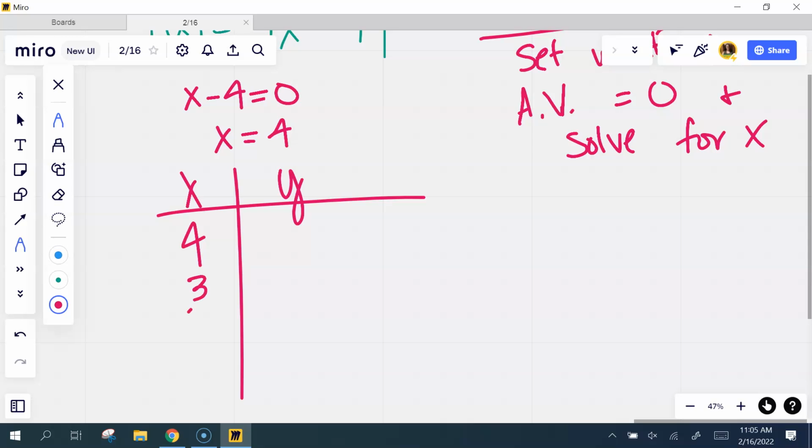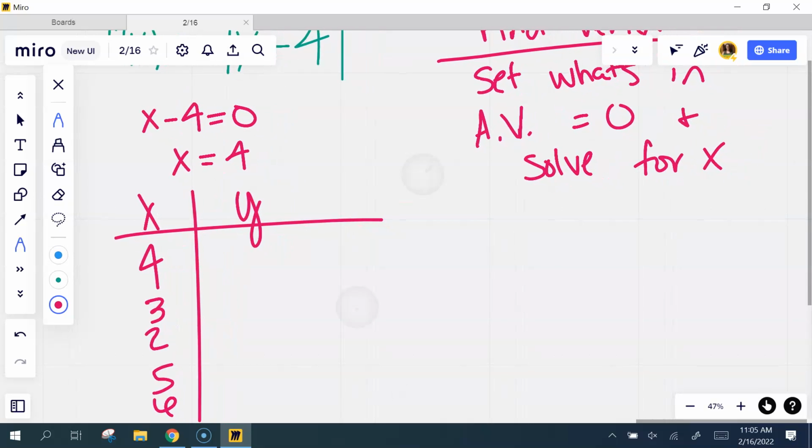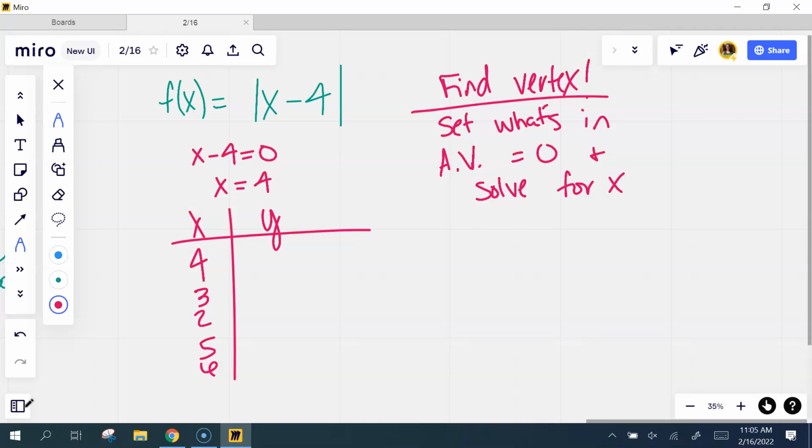So I'll do 3 and 2, and then I'll do 5 and 6. If you're OCD about how your numbers are written and want them in order, you can line them up if you want to put the 4 in the middle and then go whichever way. You certainly may. It doesn't bother me, so whichever way you want to do it. So let's plug in. If x is 4, what is y?